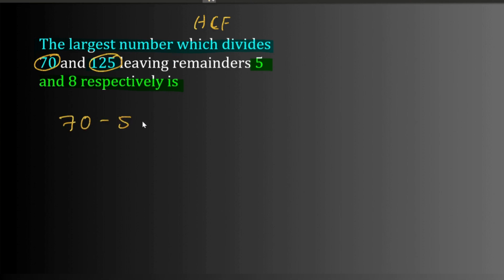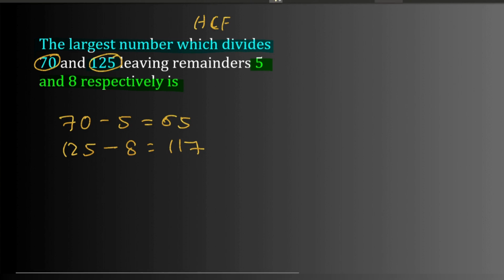So we should subtract 5 from 70, that is 65. And similarly, we are going to subtract 8 from 125, because it should leave no remainder, which comes out to be 117. Now we are going to find the HCF of these using prime factorization.